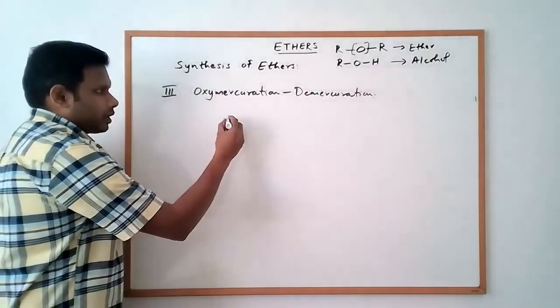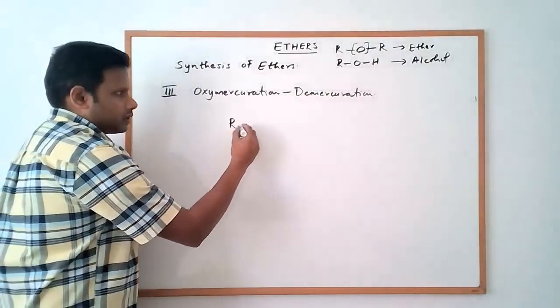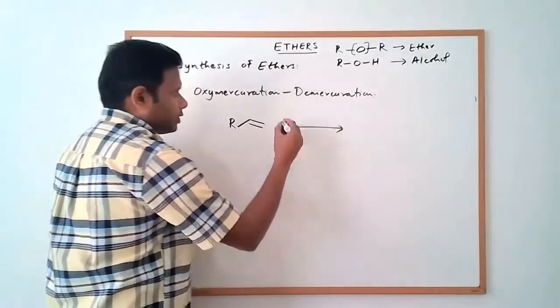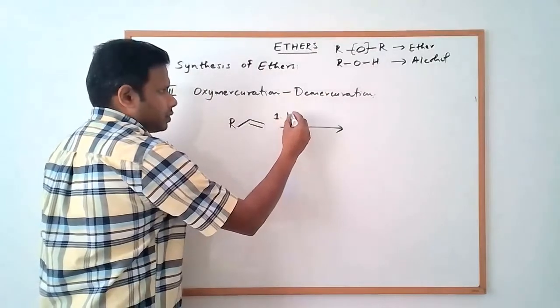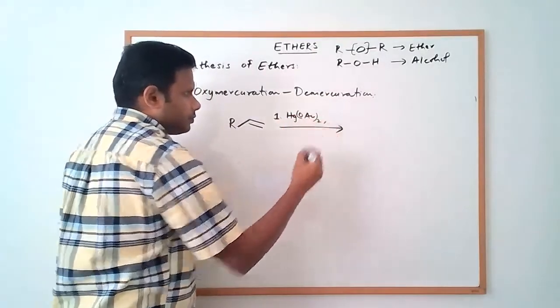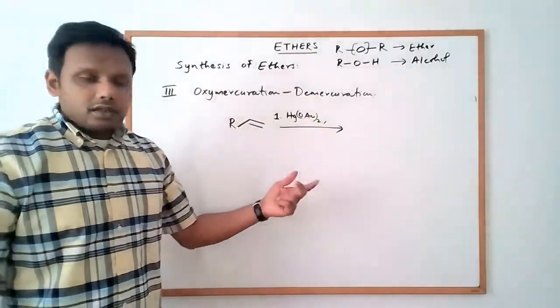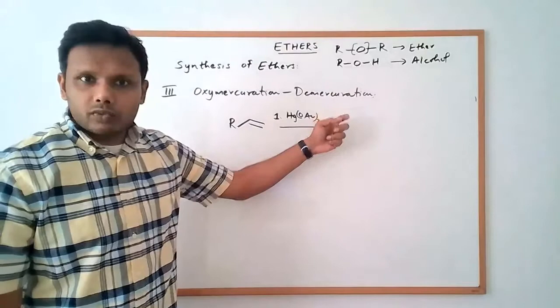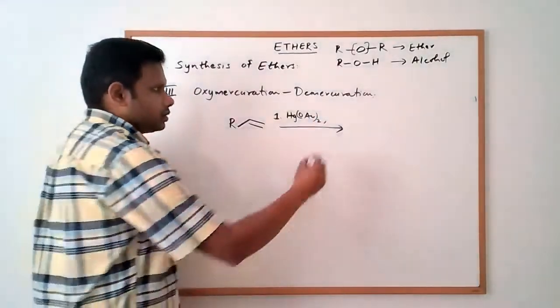Essentially what happens in this reaction is you can start from an alkene, you react it with mercuric acetate, and the ether that will be formed really depends on the solvent that's going to be used here.